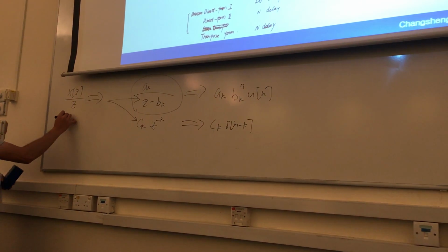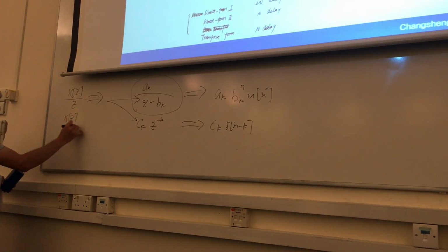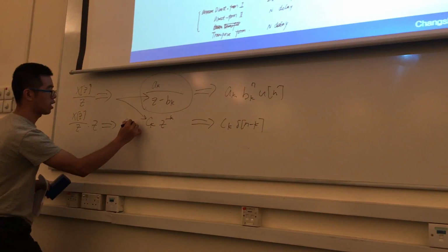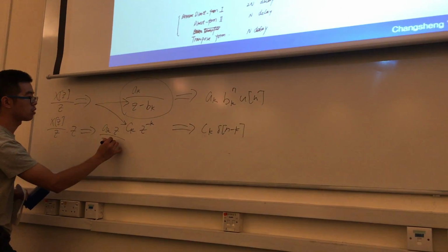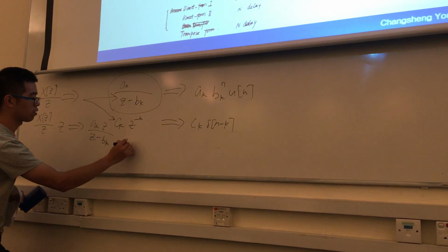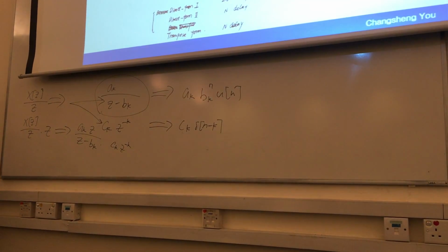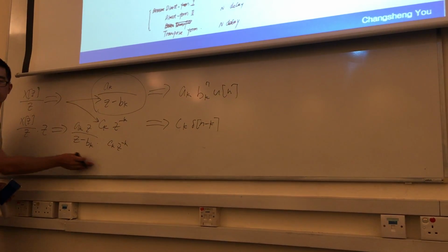And then the second step is this part we multiply by z, so we have this form. And then for this form, we can easily find the inverse transform.